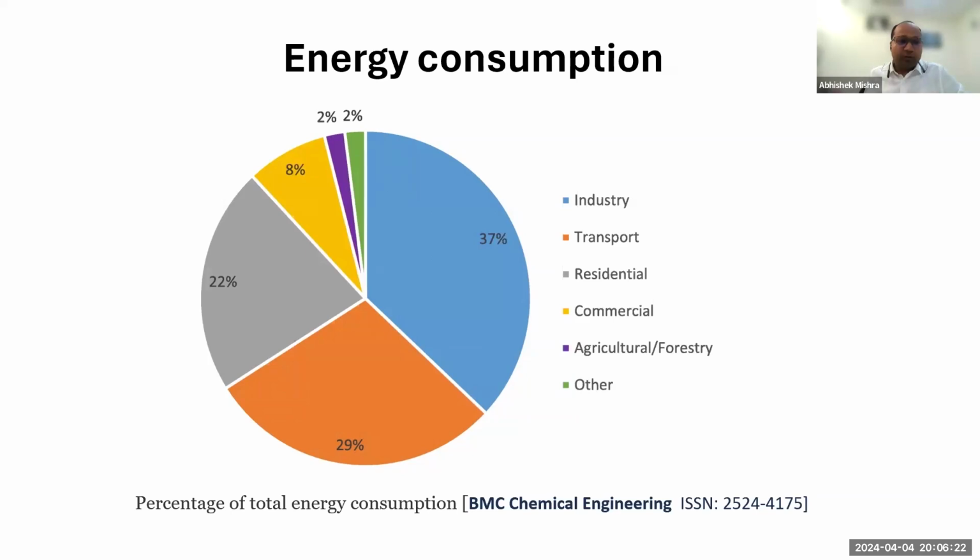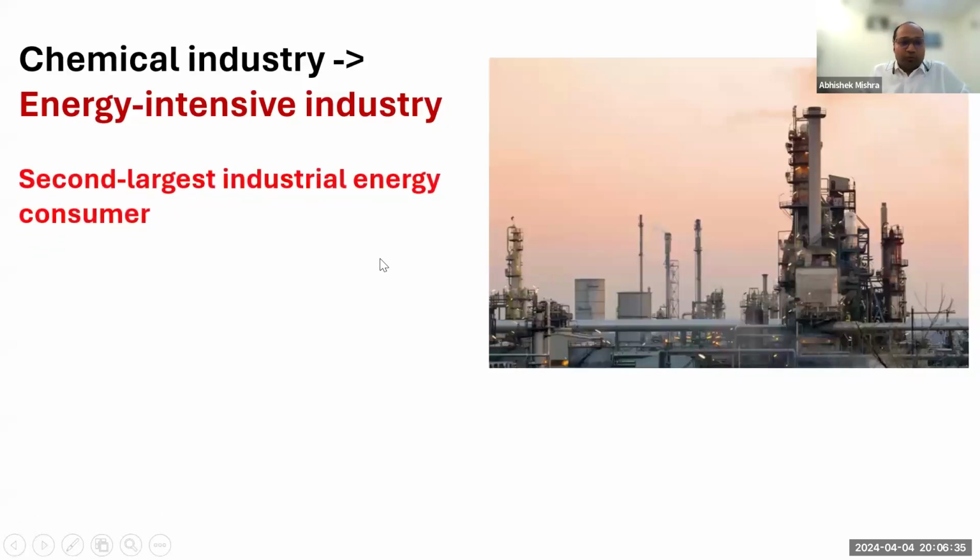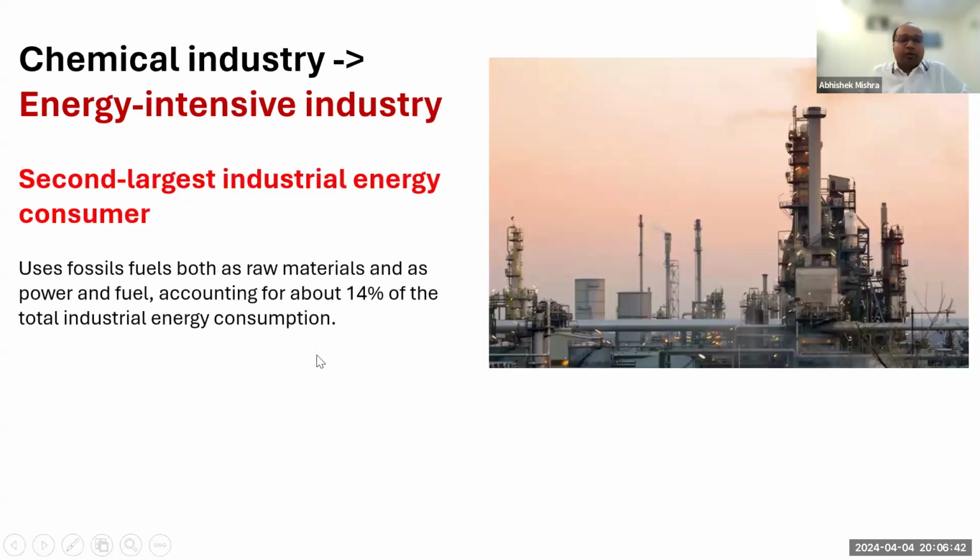And among the various industries, the chemical industry is one of the main energy intensive industries. It is the second largest industrial energy consumer, and the reason is that it uses fossil fuels both as raw materials and as fuel, accounting for about 14% of the total industrial energy consumption.